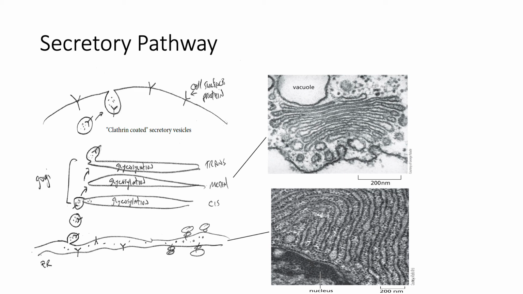Okay, so I want to finish up, in a way, just talking about the Golgi, because what happens in the Golgi is quite significant. What happens is glycosylation. Glycosylation is the addition of sugars. So complex sugars are added to the proteins. Actually, it starts out in the ER with an addition of a series of sugars, and then ends up going through the cis, medial, and trans Golgi, where the sugars get modified.